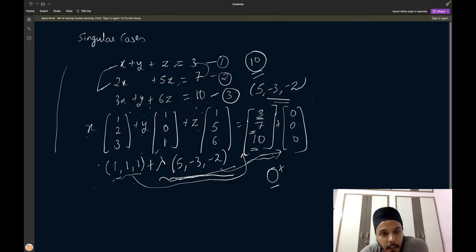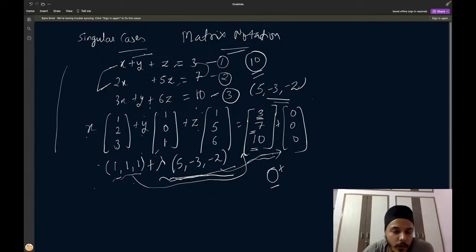So till now we have seen our row picture, column picture, Gaussian elimination and singular cases. In our next lecture, what we will see is the matrix notation form. So I hope you got these singular cases. So let me summarize it for you.